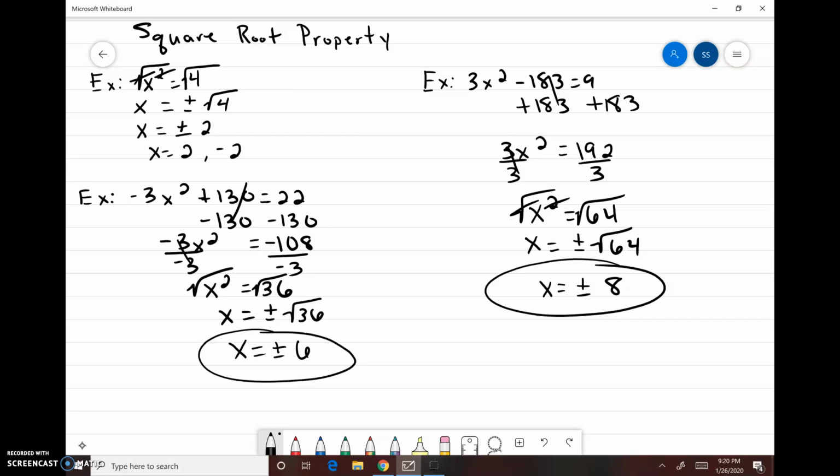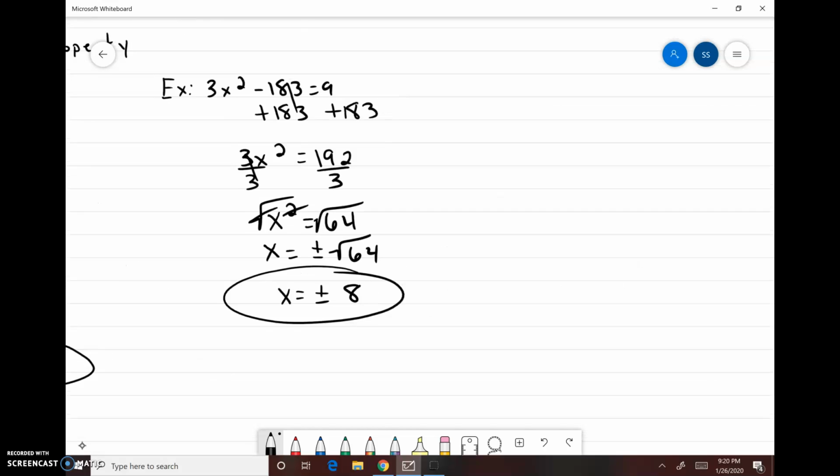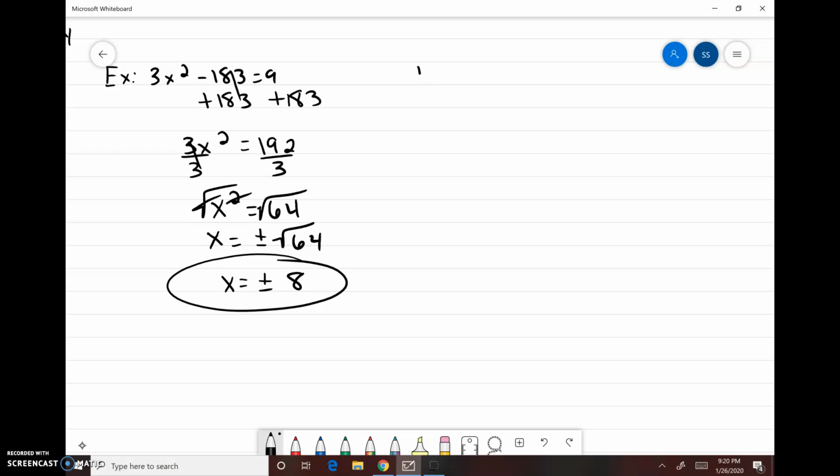All right, very good. So now let's look and see what happens when we have a trinomial we're trying to solve. Let's say we're trying to solve x squared plus 16x plus 60 equals 0.